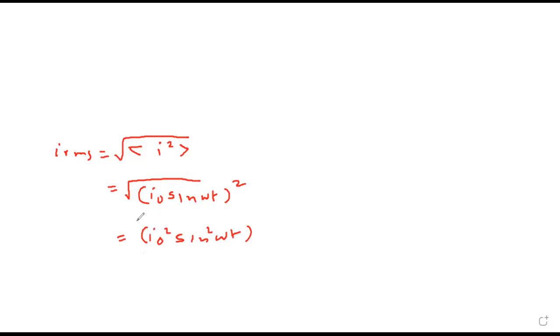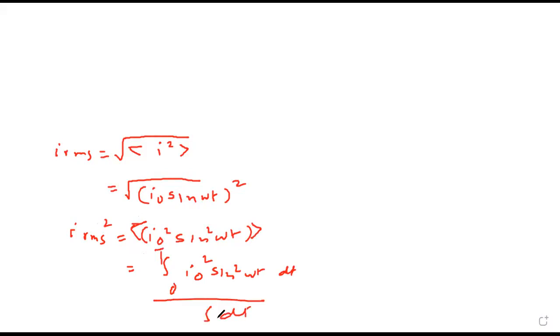The mean of I naught square sine square omega t will become I RMS square. Now this is nothing but the integral of I naught square sine square omega t dt for one cycle, divided by dt for one cycle.